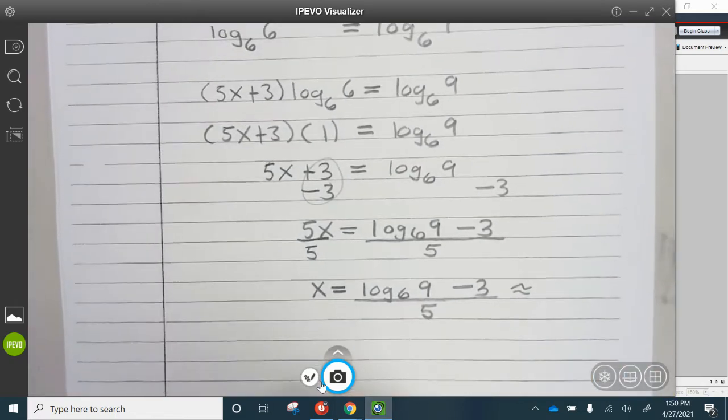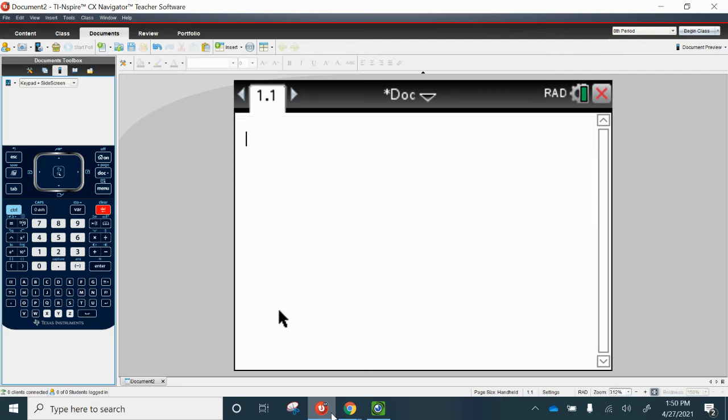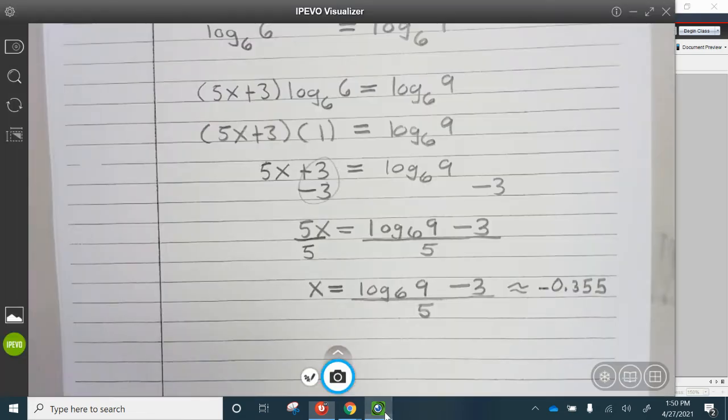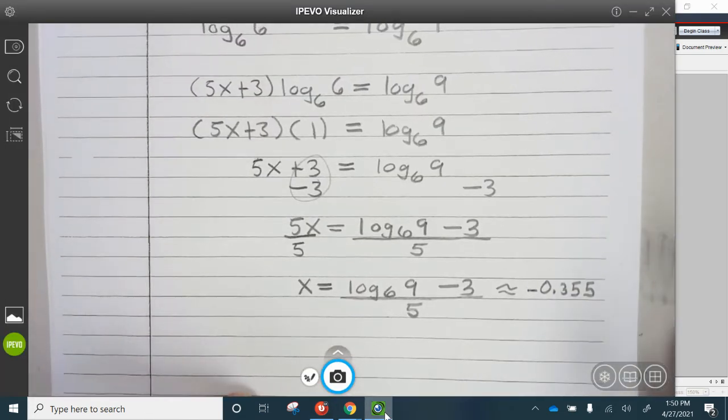And let's put that in the calculator to get the approximate. So let me delete this. Control divide, control log base 6 of 9 minus 3 divided by 5. So our answer is negative 0.355. All right, go ahead and finish up question 9.